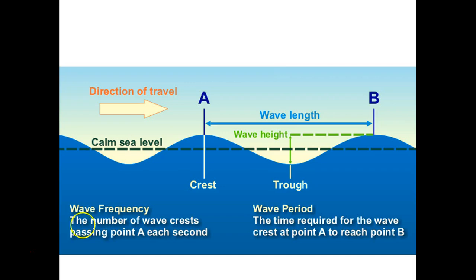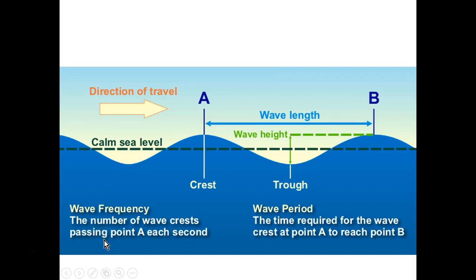Okay, so again, the waves are going in this direction. Okay, here's the crest, here's the trough, here's the trough, here's the crest. So the wavelength is from here to here, remember, crest to crest, and the wave height is going to be from the trough to the crest. So imagine that you are calculating wave frequency.